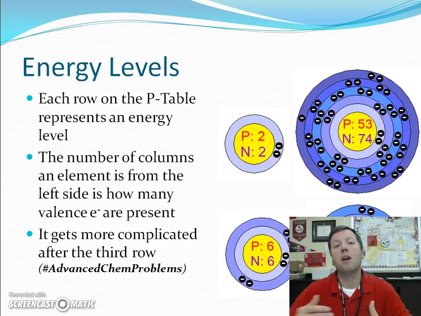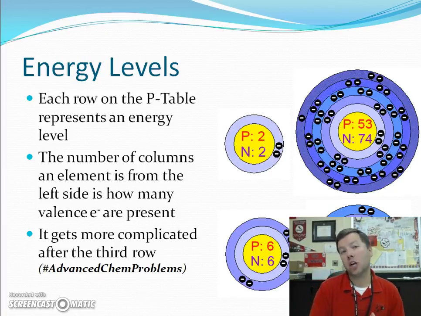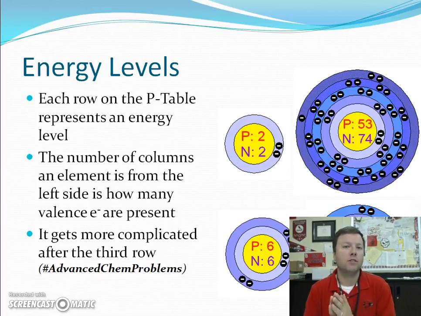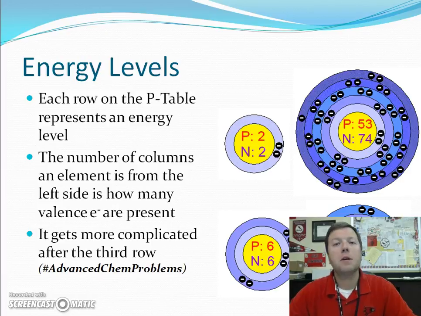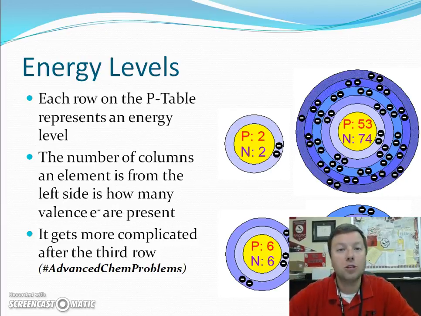So anything with more than or less than 8 is going to want to react with another element to work out some sort of deal. Maybe they're going to share electrons, or maybe they'll just outright transfer or steal one from another one. And that's where we're going to get into our different types of compounds, because they're going to want to react differently. So the number of valence electrons is important because it's going to determine in which manner it is most likely for an element to react.